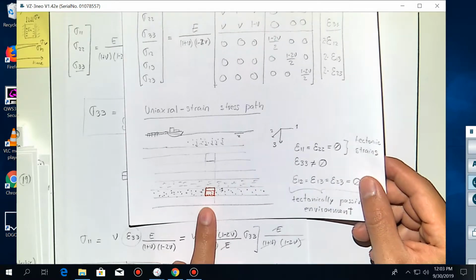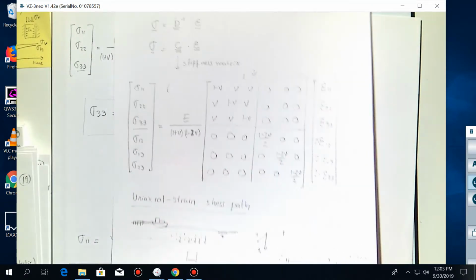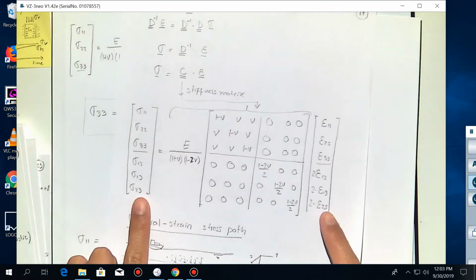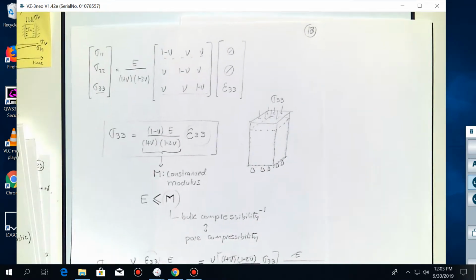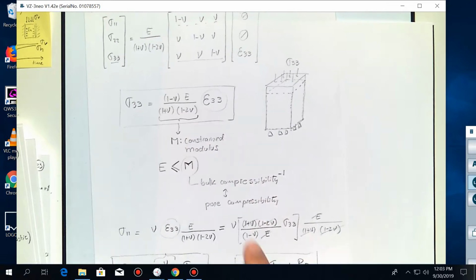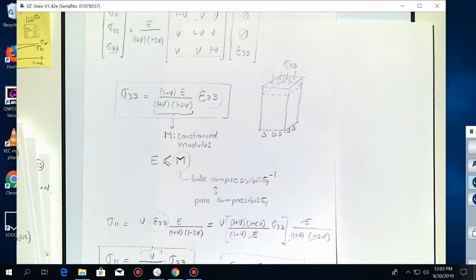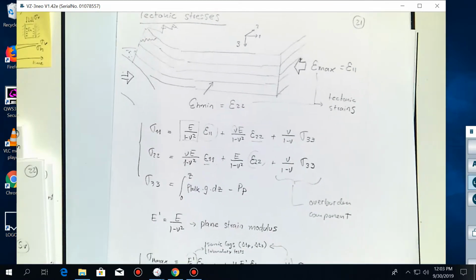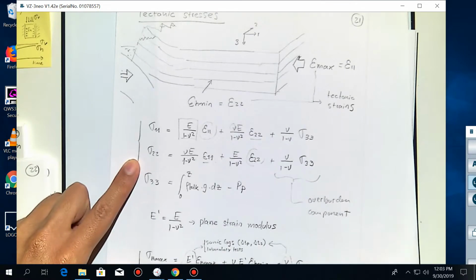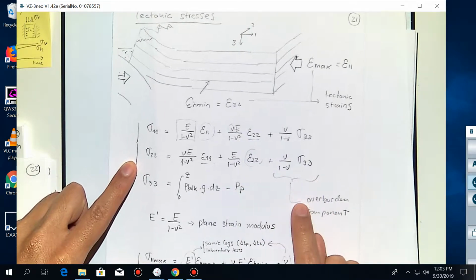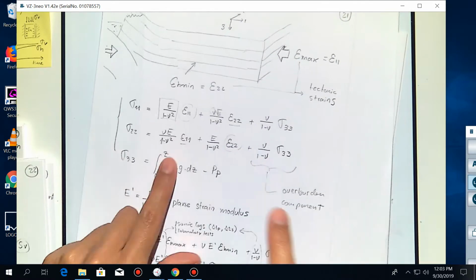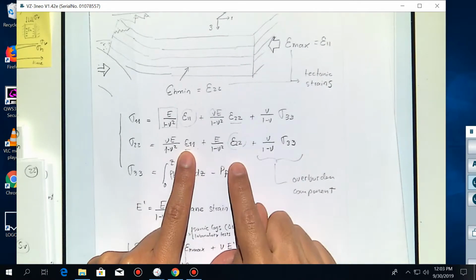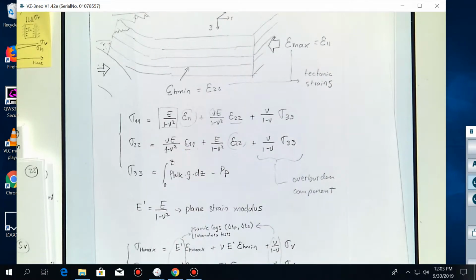Without any tectonic strain, using the theory of elasticity and linking stress to strain, we were able to find the equations that tell us what is the horizontal stress. And we went a little bit further, and for example, for this other case where we had tectonic strains, we found the equation of stresses as a function of strains and vertical stress. Okay, but this problem was very simple.